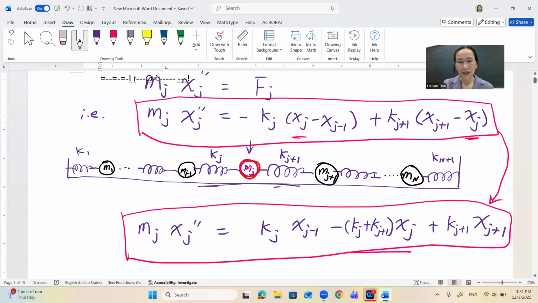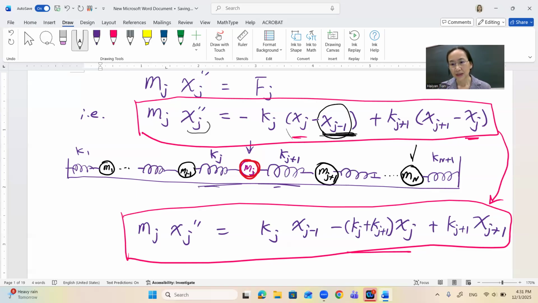But of course, the first body is a special case, because when j is 1, there's nobody before this one, so that term will be 0.